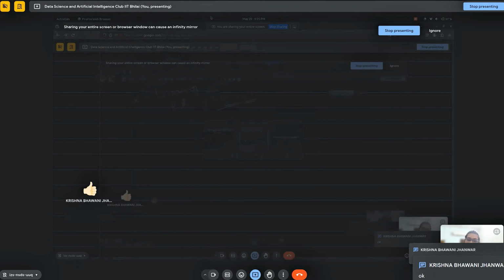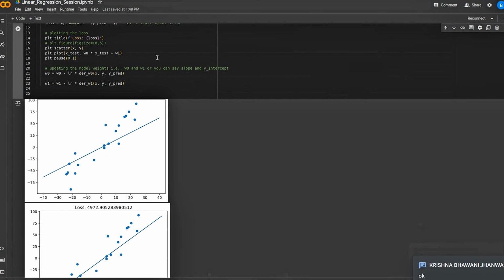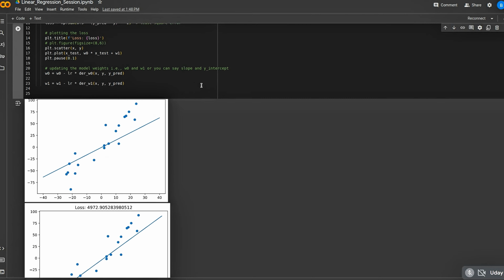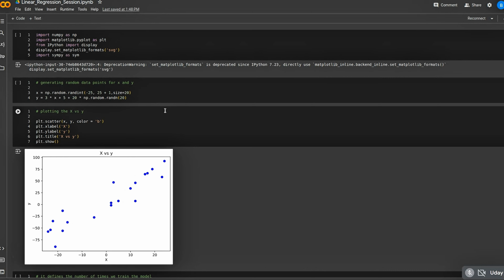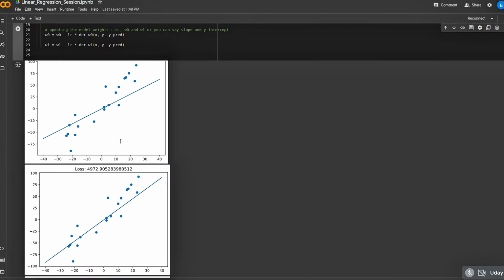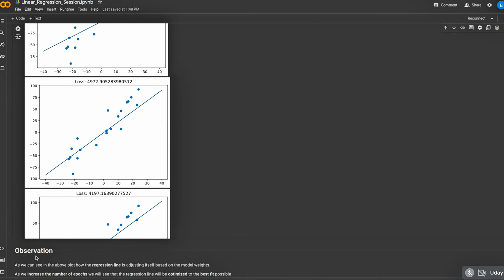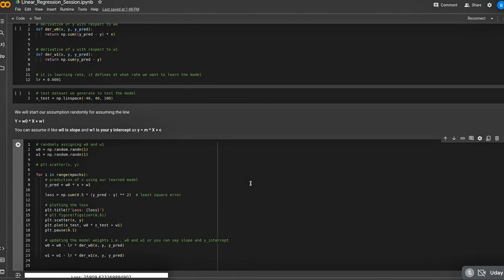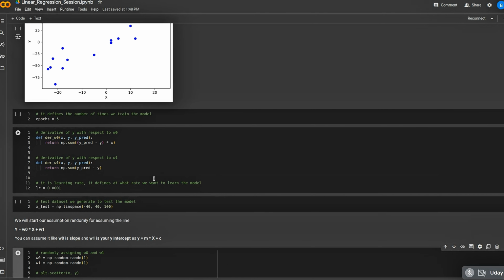This was all theory. Now let's come to the code part. What I have done is, from the starting till the observation, I have coded this same concept. This is the derivative with respect to W naught.